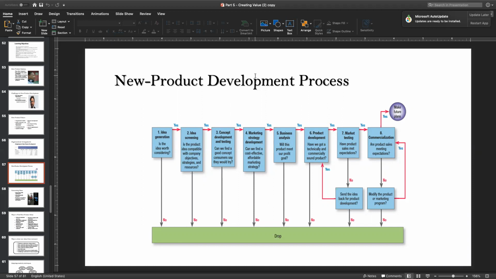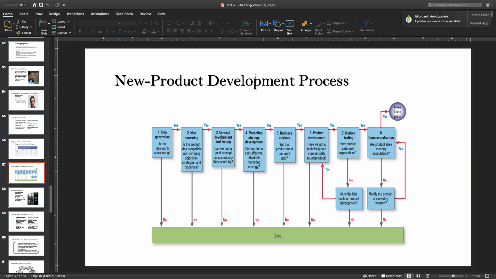Then this is where they evaluate, is the idea worth considering? Is it worth considering with the product specifications? With the market demand? Or how many people are stating a similar idea, or competition? All those factors need to be considered here.